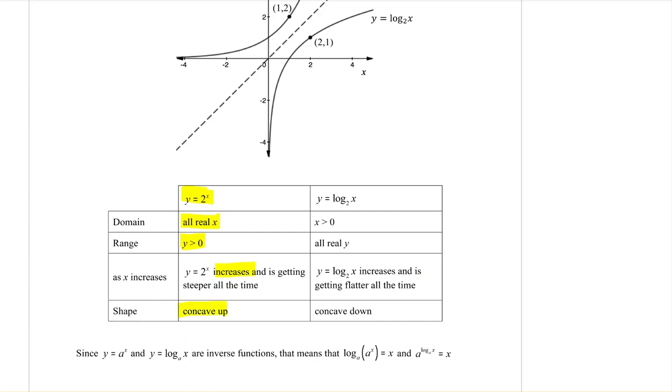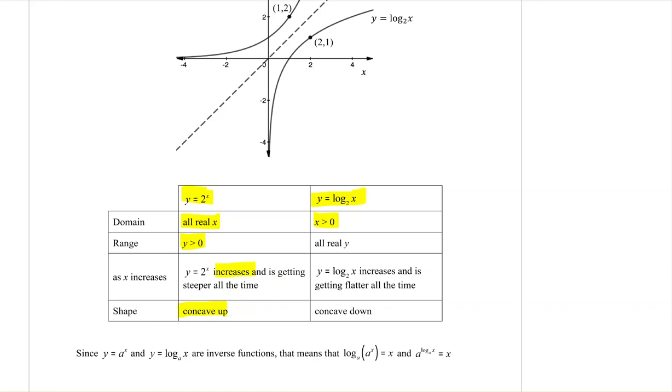which means it's concave up. However, when we do our logarithm and we switch our x's and y's around, it means that our x value now has a restriction. Our logarithm here is approaching the y-axis, but it will never actually touch it, which means that our x values are always going to be positive. They're always going to be greater than 0.